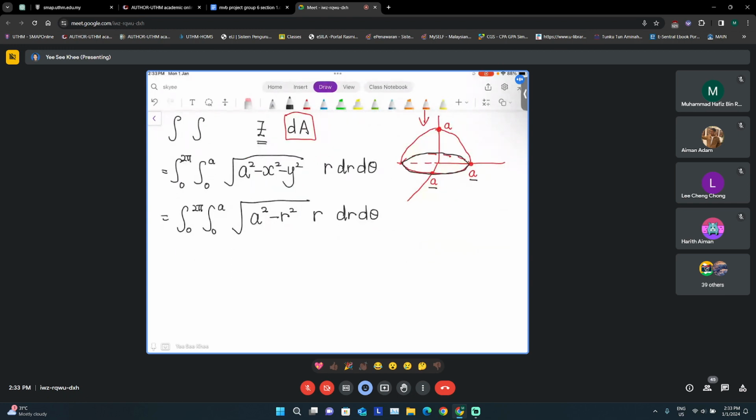We cannot press the calculator because we have the constant a over here, so we have to use the manual solution. Here we can use the substitution technique.